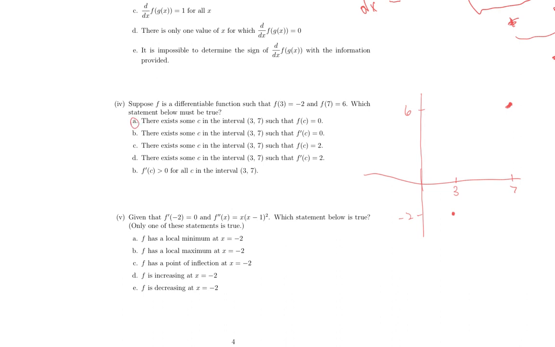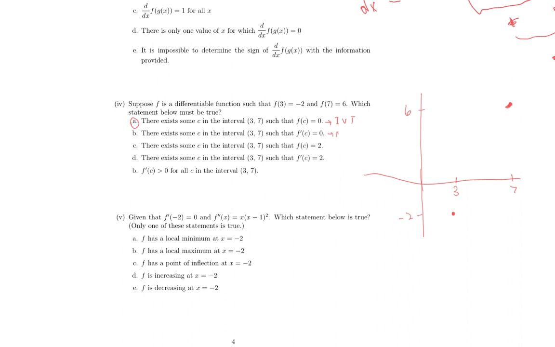Now be careful on this one. A couple of these are actually going to end up being true, more than one correct answer. So I think it's just going to be a pick all that apply. So don't just stop there. There exists some c in the interval from 3 to 7 such that the derivative is 0. The first thing, just to go back a little bit, was from the intermediate value theorem, which is saying that if you have something above and something below, you're going to hit everything in the middle.